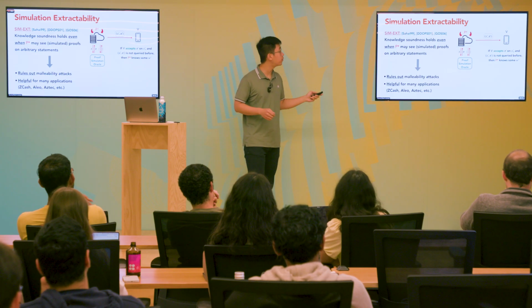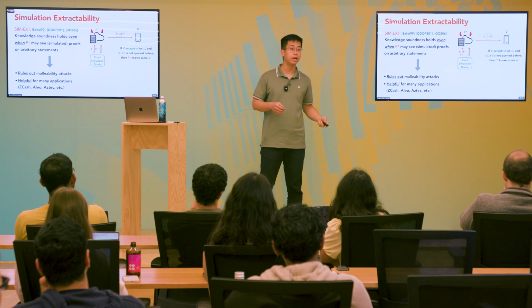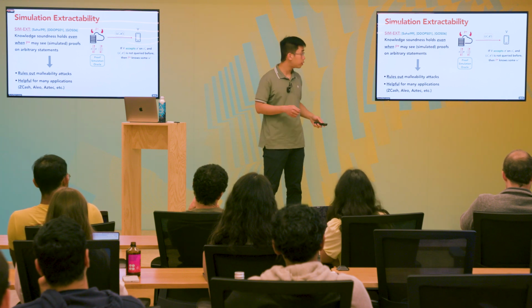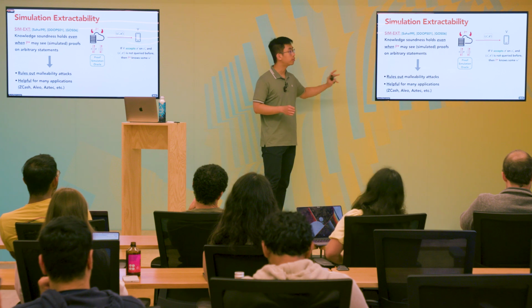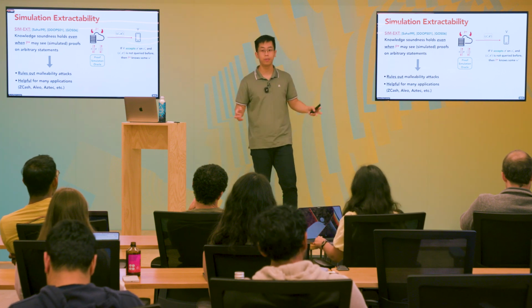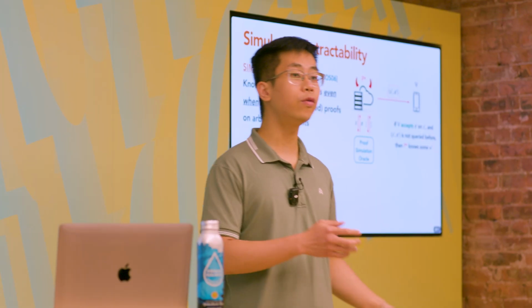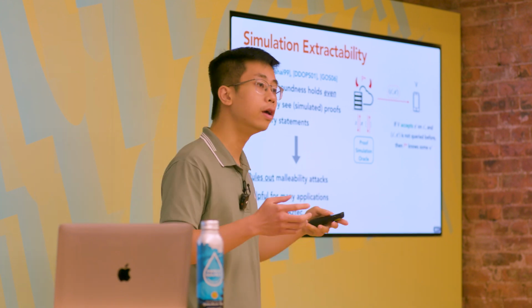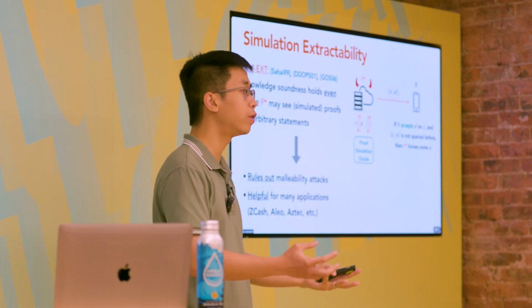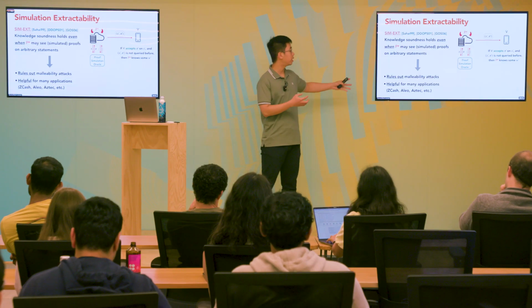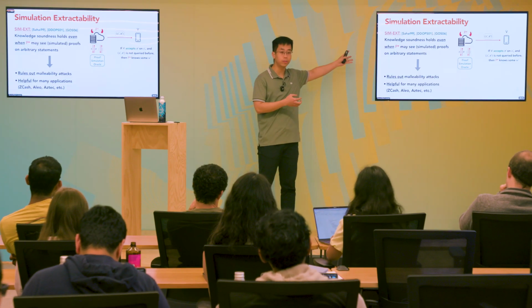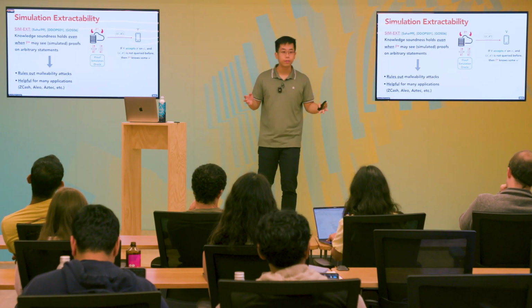It's also very helpful for many applications. So for instance, in a blockchain setting, you want your transactions to be non-malleable, right? And one way to do that directly is if you prove the whole transaction with a single SNARK. And that SNARK is non-malleable, or is simulation extractable, then you're good.